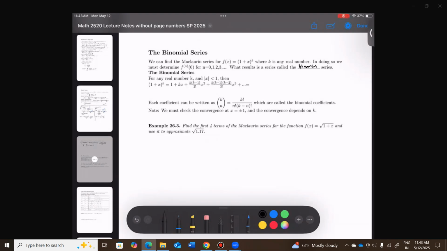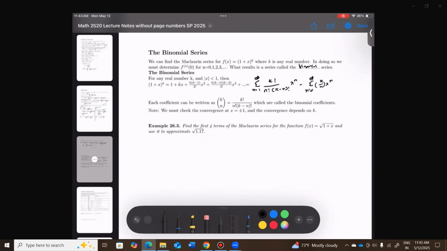At the end of the day, it's going to equal the summation from n equals 0 to infinity of k choose n x to the n.